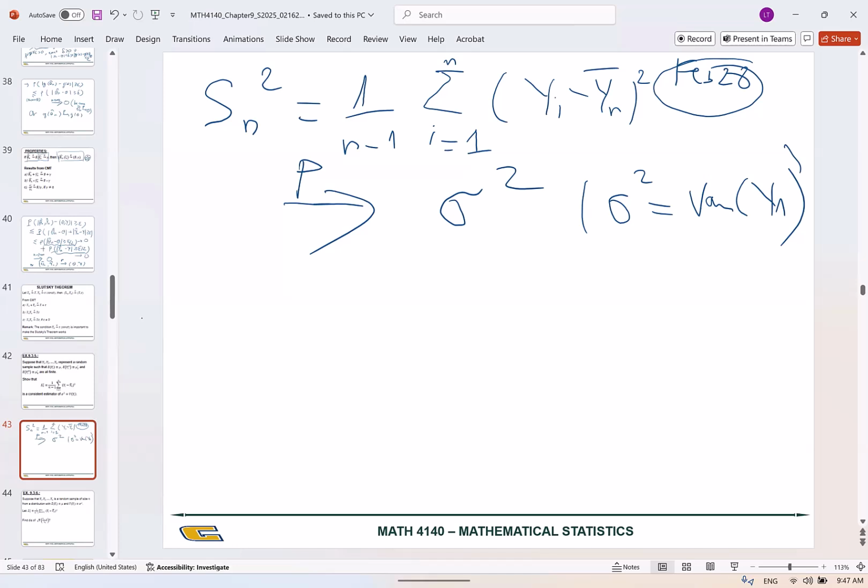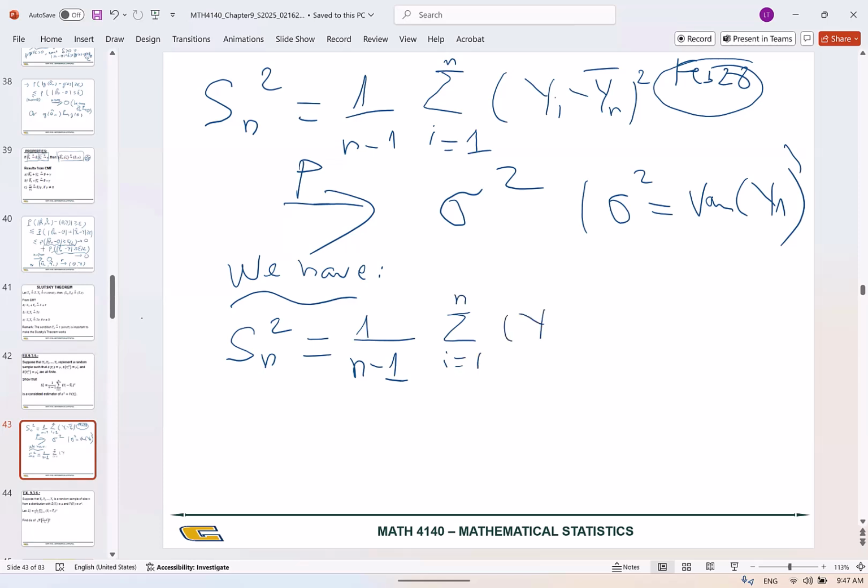So we have that Sn square is equal to 1 over n minus 1 times the sum, and I rewrite this one more time. We can write Y bar or Yn bar, it doesn't matter.